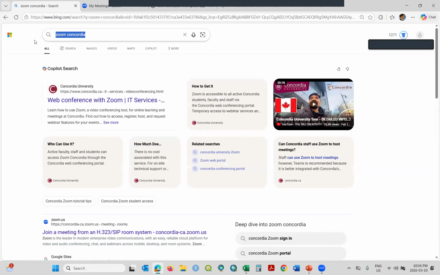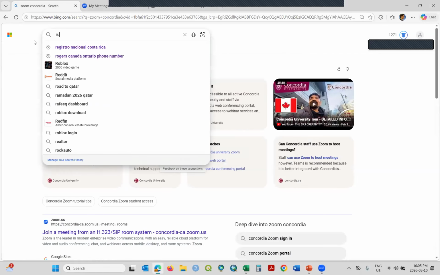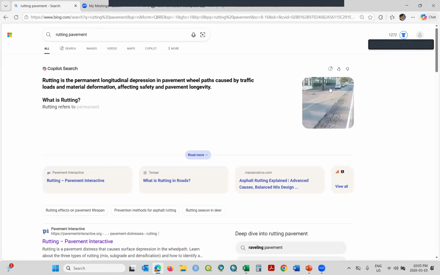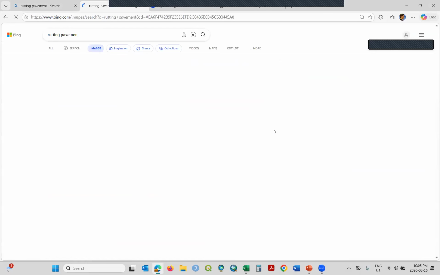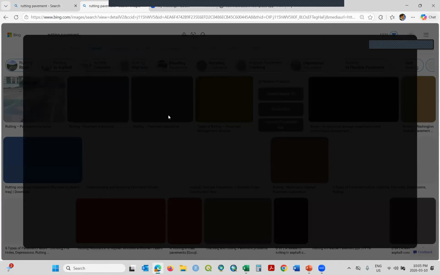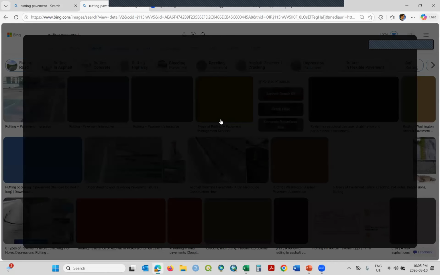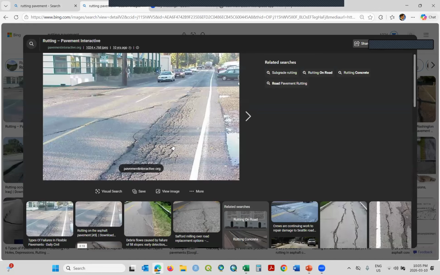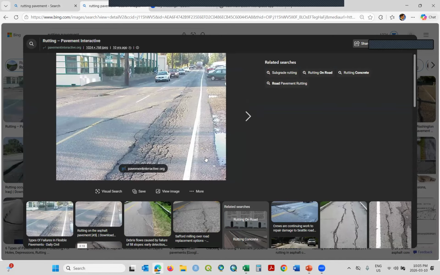And if you look for this type of damage, you can probably find nice images of rutting. See? This one, for example, this is rutting, okay? So you see that it is like if you have Play-Doh and the tires have pushed down the pavement.